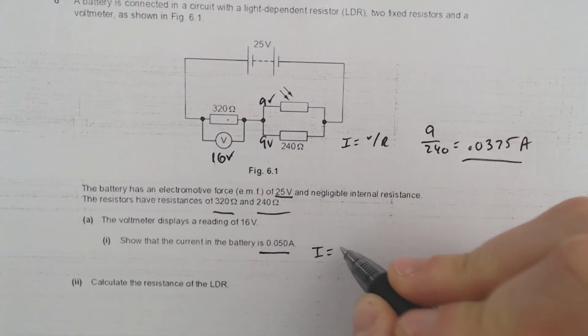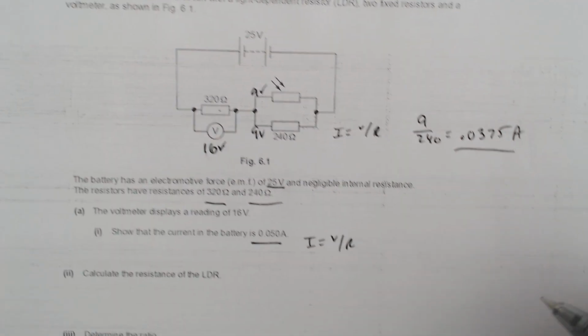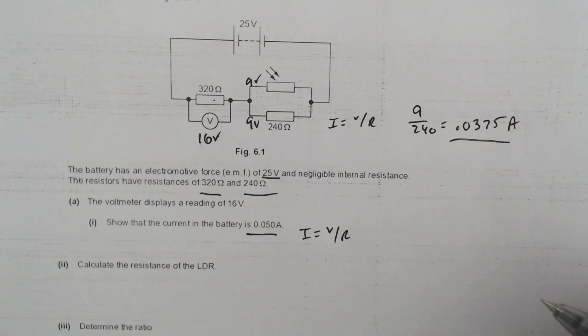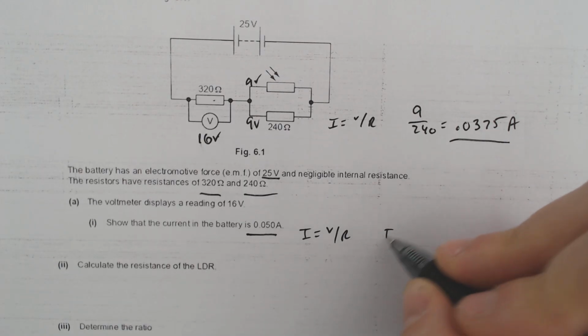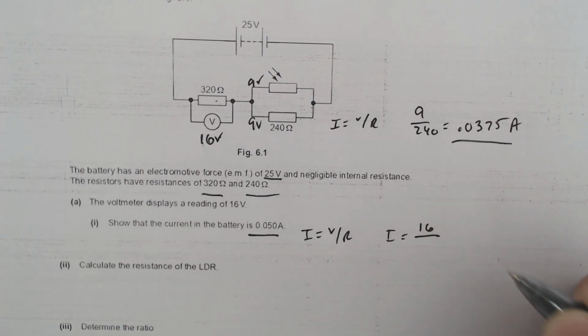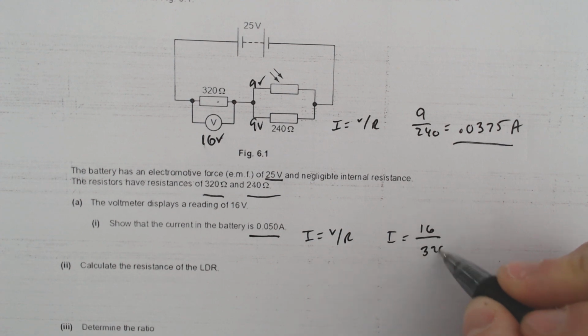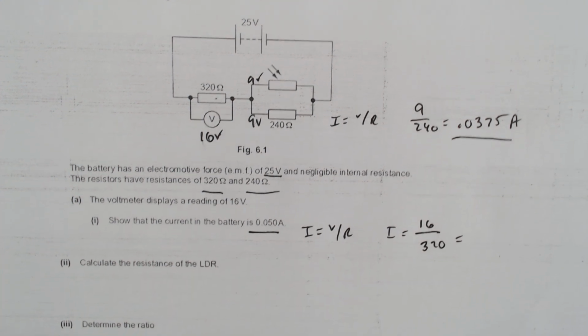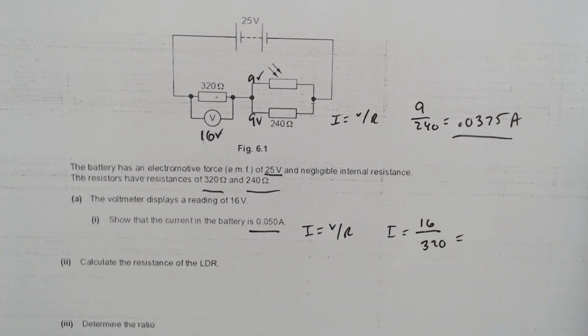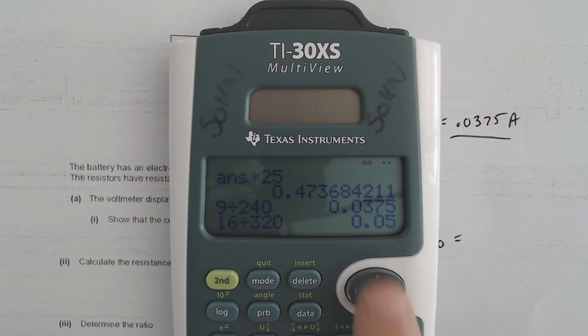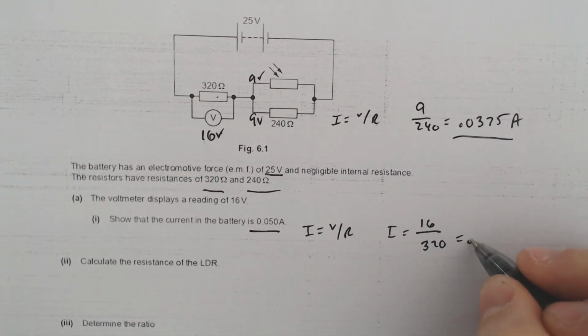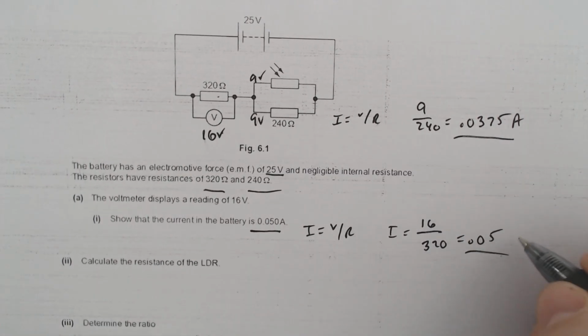I is equal to voltage divided by resistance. It's almost the same formula every time because that's the only formula you got. I would equal 16 divided by 320, and that does equal 0.05. So that is the proof that we needed.